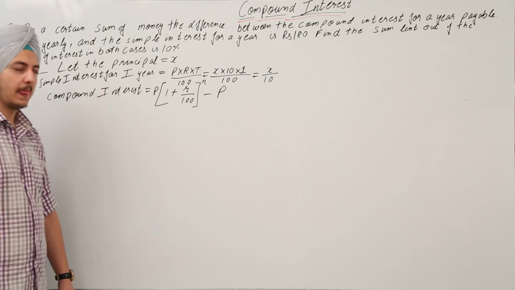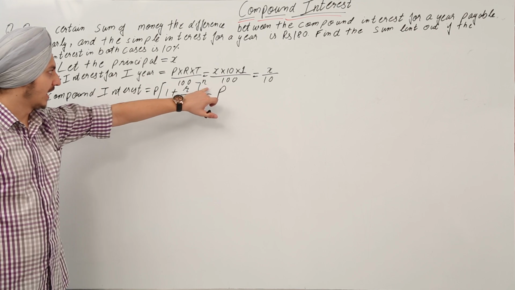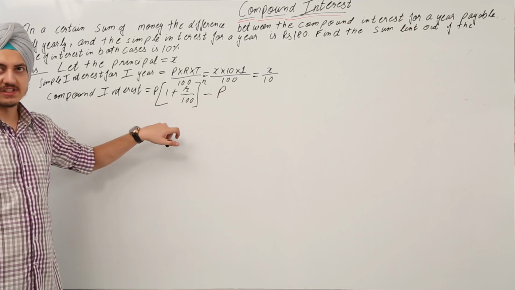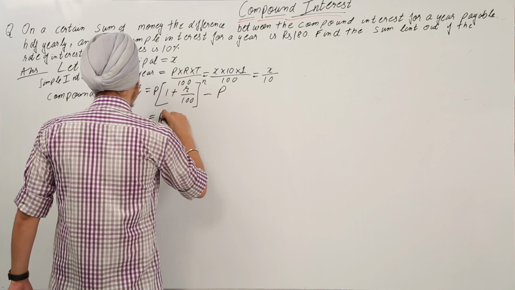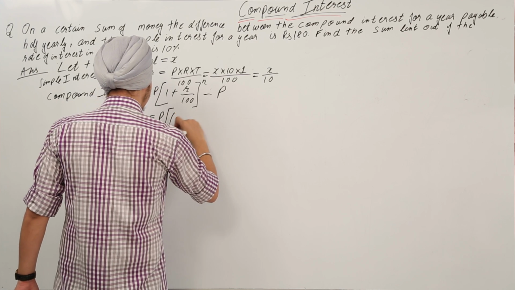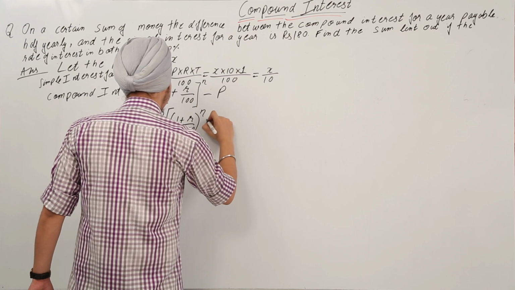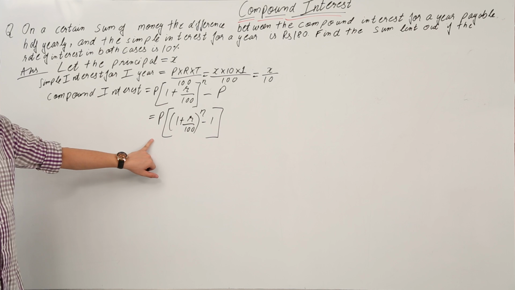Principal into 1 plus R by 100 raised to power n is the amount, minus the principal. This will give us the compound interest. So the formula is P into (1 plus R by 100 raised to power n minus 1). This is the formula for compound interest.